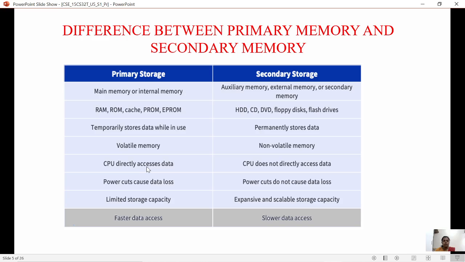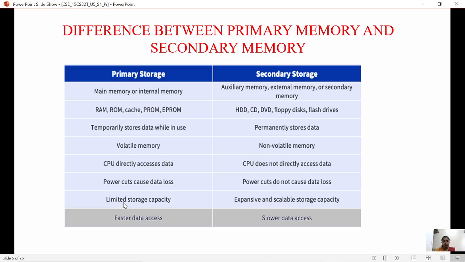Regarding data access, the CPU will directly access the data present in the primary memory, but the CPU does not directly access the data present in the secondary memory. The next difference is that power cuts cause data loss because primary memory is volatile. Whenever the power is off, the data will be lost. In case of secondary memory, even with power cuts, the data will not be lost.